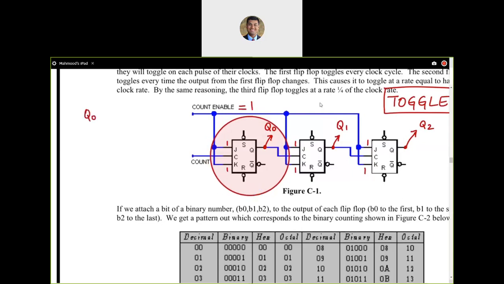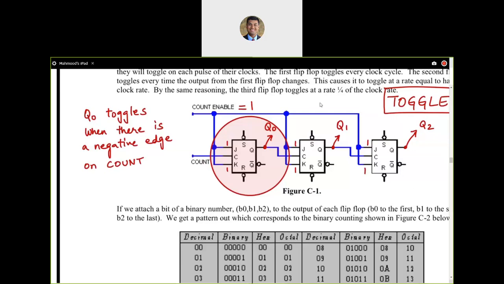Q0 toggles, because we are in the toggle state, when there is a negative edge on count. Can I say that? Because Q0 is the output of the first flip-flop and the clock input is count. If I have a negative edge on the count, Q0 will toggle. Why will it toggle? Because I'm considering count enable as 1, so we are in the toggle state.